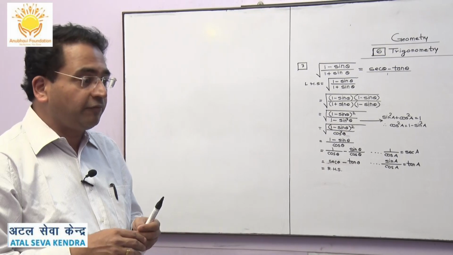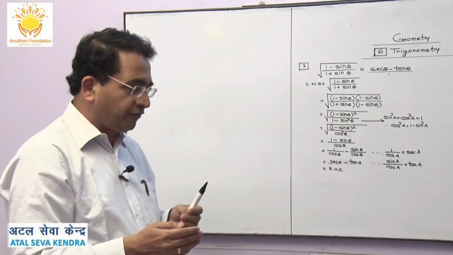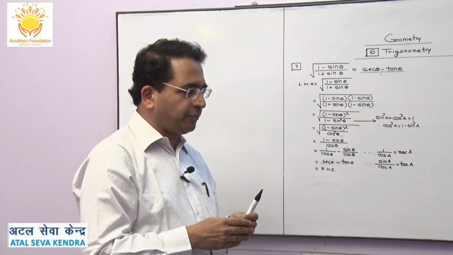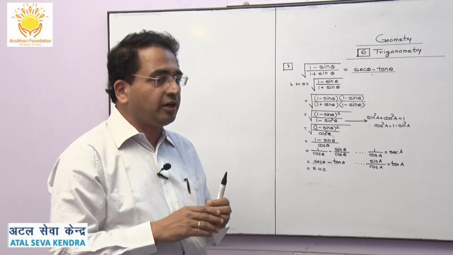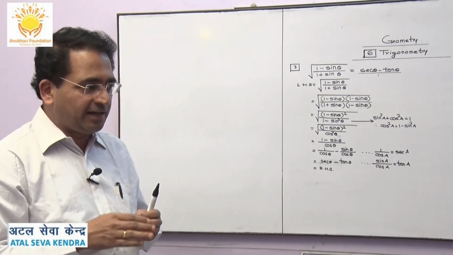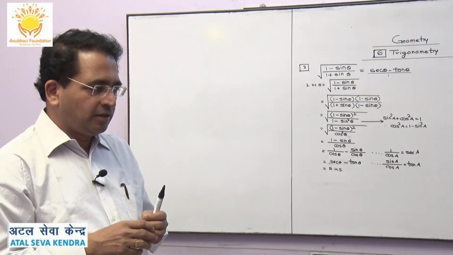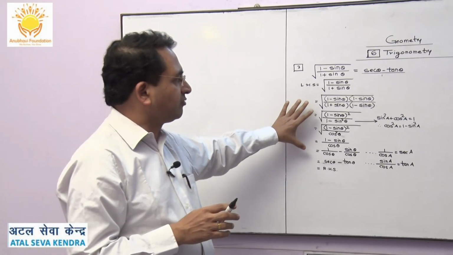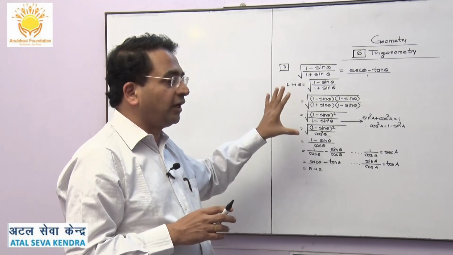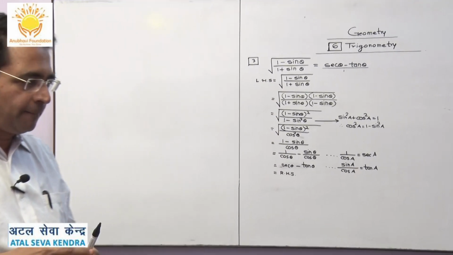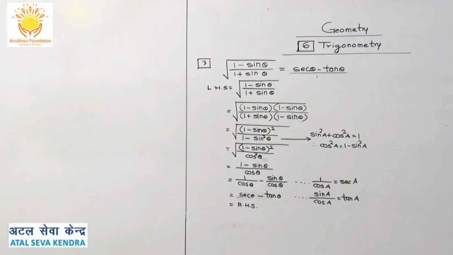So if your revision is proper, if you are 100% confident about the paper, then you could complete the geometry paper within 1.5 hours, even less than that. So selection matters a lot, and this is one of my favorite sums if you want to save time. Is it clear? Let us go for the next question now.